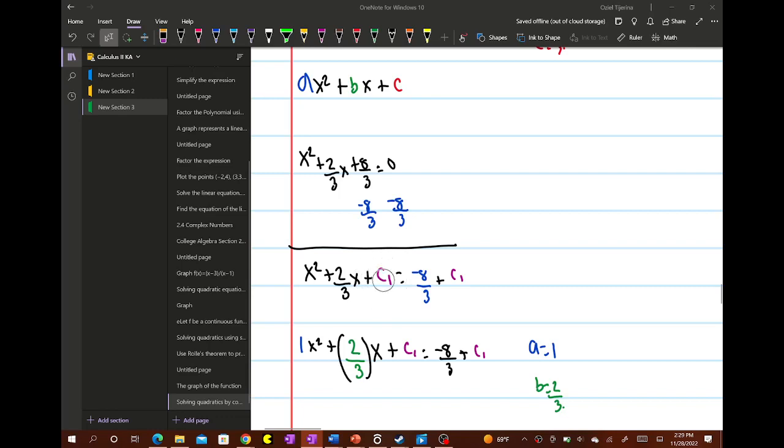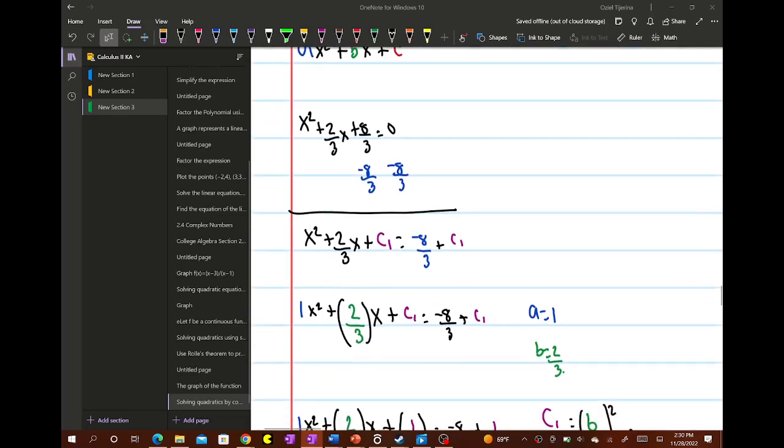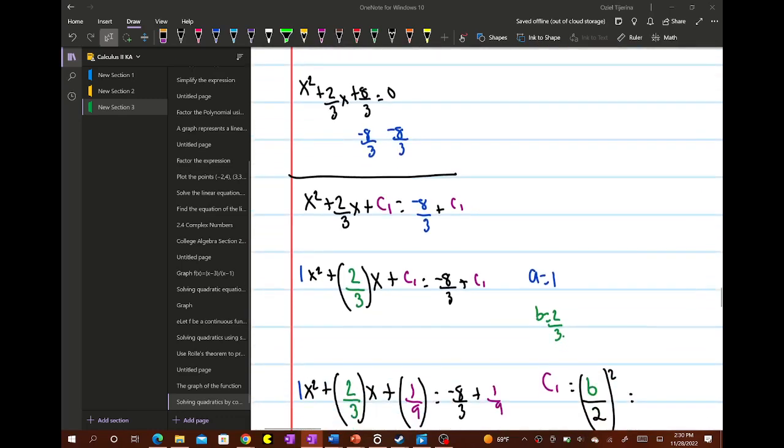So when you add a third term to one side, you add a third term to the other side, because you need to find the third term so that this is a perfect square quadratic, right?